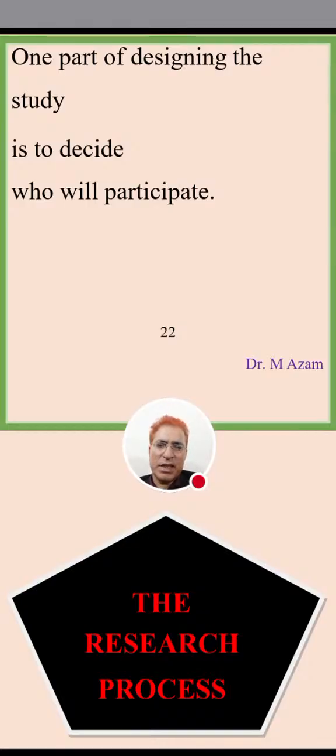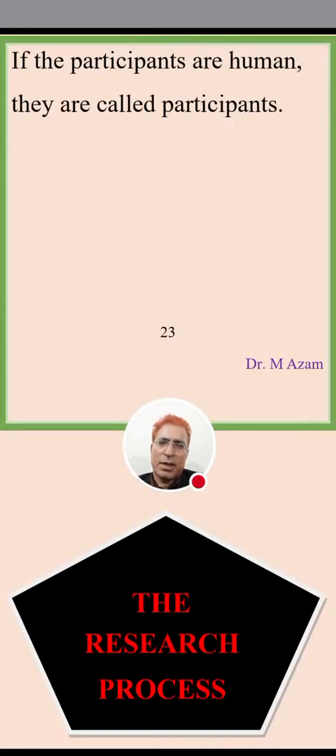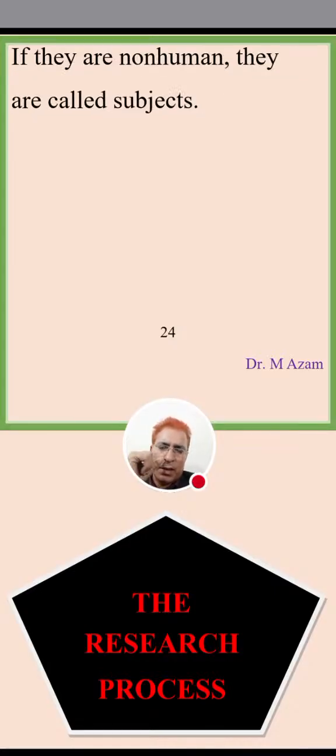One part of designing the study is to decide who will participate. If the participants are human, they are called participants. If they are non human, they are called subjects.